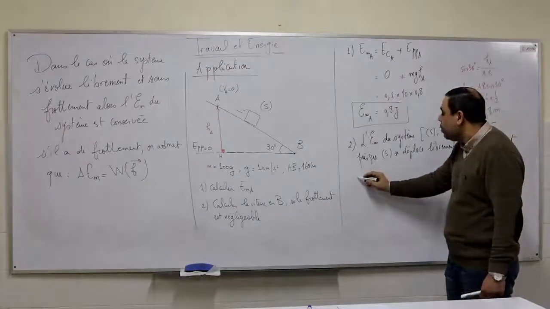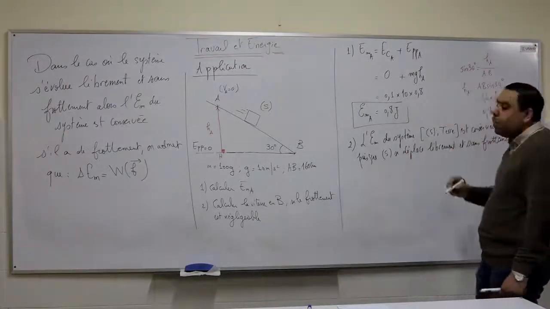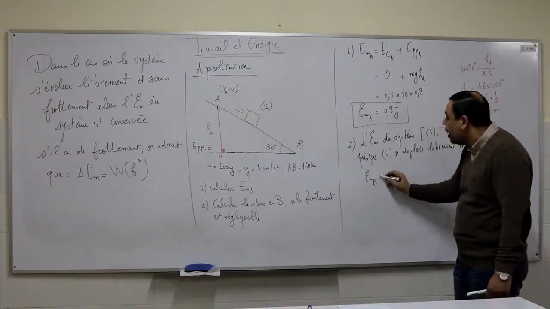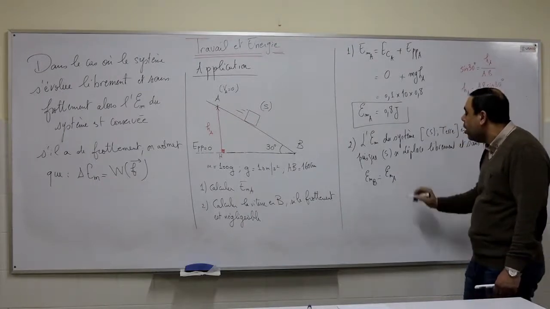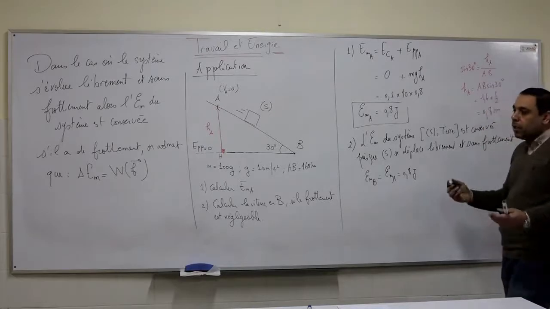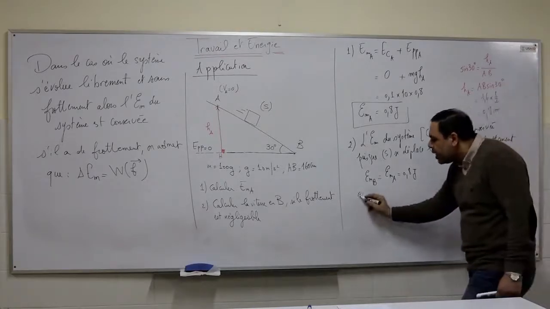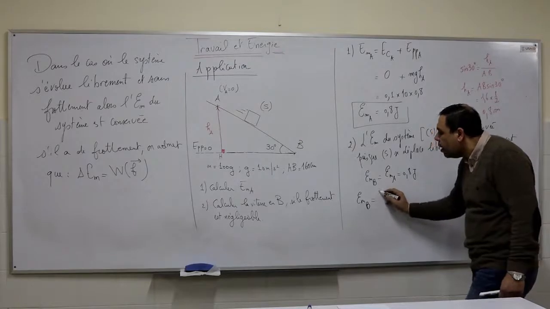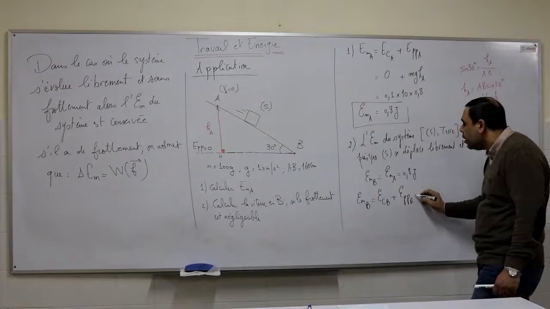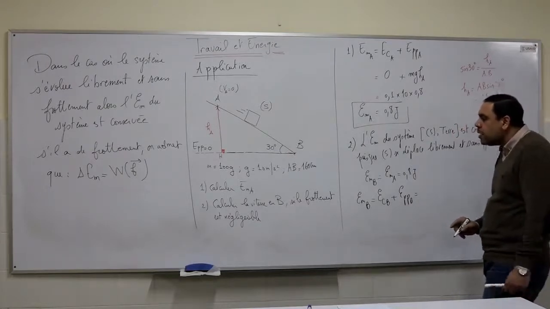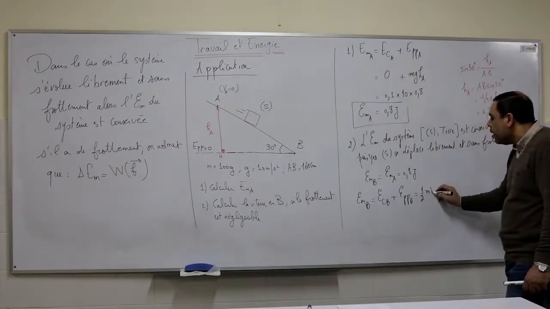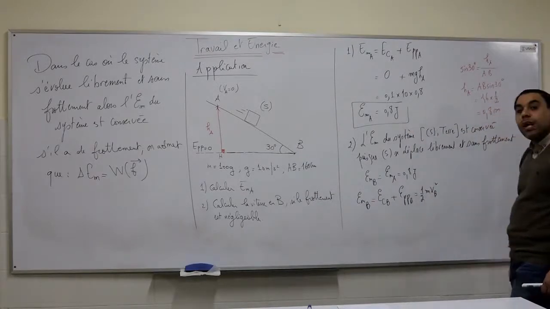Then the mechanical energy at B is equal to the mechanical energy at A, which is equal to 0.8 joules. To determine the speed at B, what is the mechanical energy at B? It is equal to the kinetic energy at B plus the gravitational potential energy at B. The kinetic energy at B is half mvb squared.